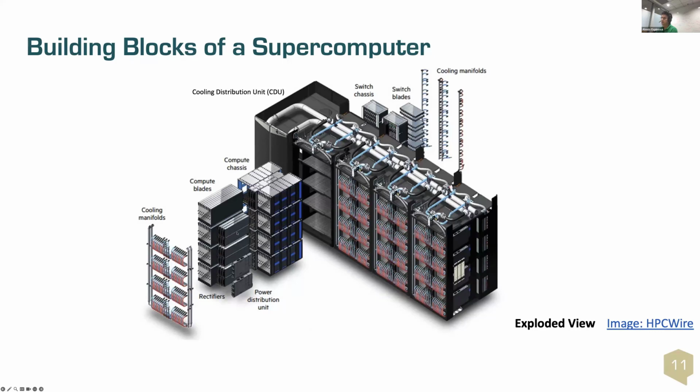So the blades have a direct connection of heat exchange plates to these hoses, and water comes in and out. So there is one cycle of water that is running all the time here.